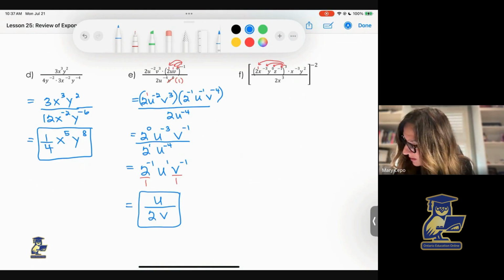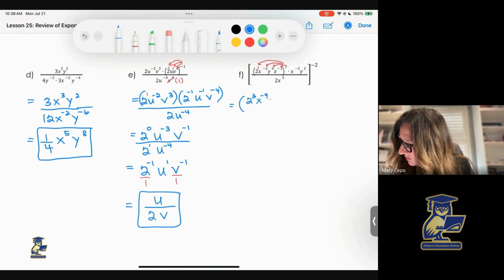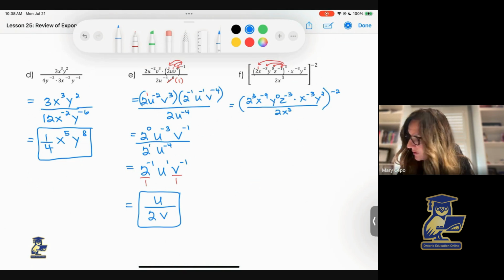So this would become 2 to the power of 1 times 3, which is 3, x to the power of 3 times negative 3, which is negative 9, y to the power of 0, and z to the power of negative 3, multiplied by x to the negative 3, y to the 2, all over 2x to the power of 3, all to the power of negative 2.